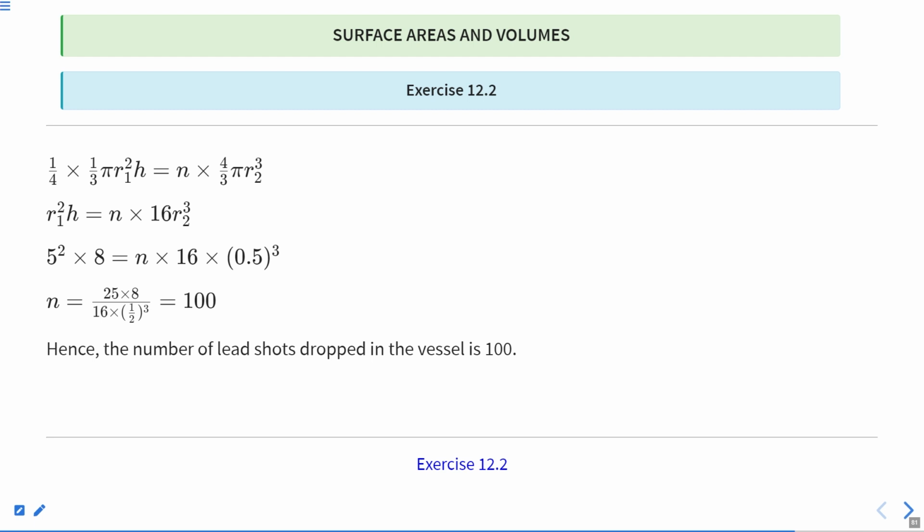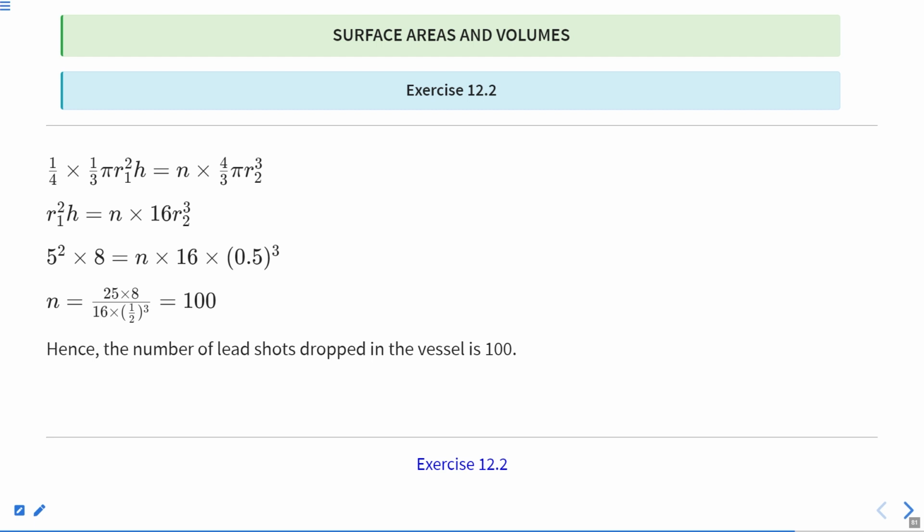Now if we simplify this equation, we get r1 square times h is equal to n times 16 r2 cube.